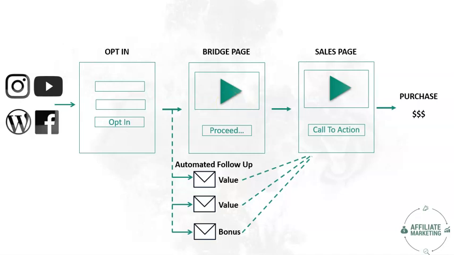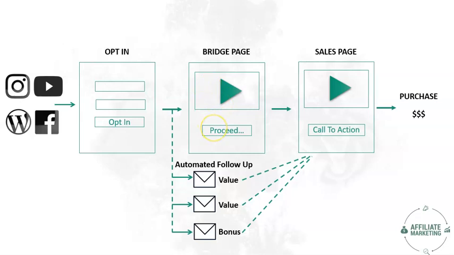So maybe you recorded yourself saying, thank you for coming onto this page, thank you for your interest, blah blah blah, and basically you invite them to proceed to the next page, the sales page. Or maybe on this bridge page you will give a free PDF that you promised on your opt-in page.